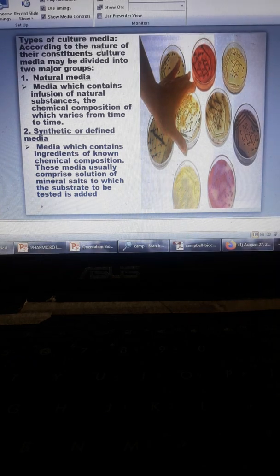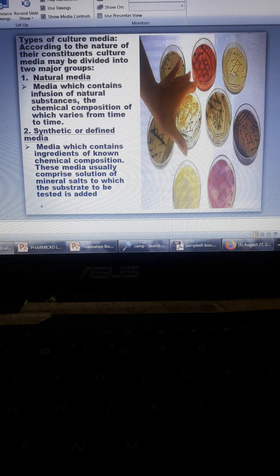Next, types of culture media according to the nature of constituents. Culture media may be divided into natural media. This one contains natural substances whose chemical compositions vary from time to time.